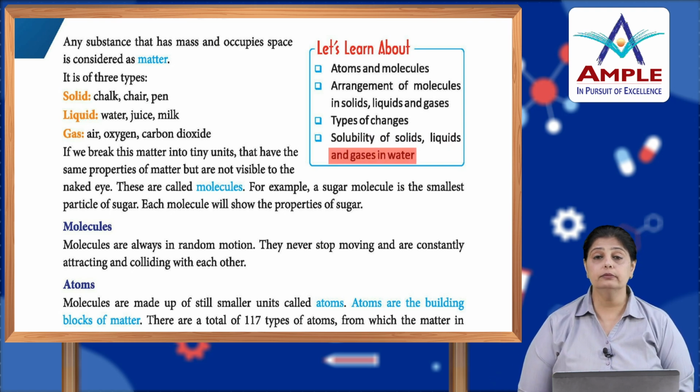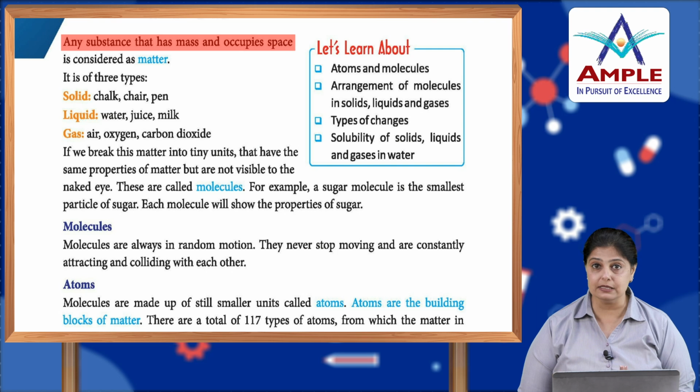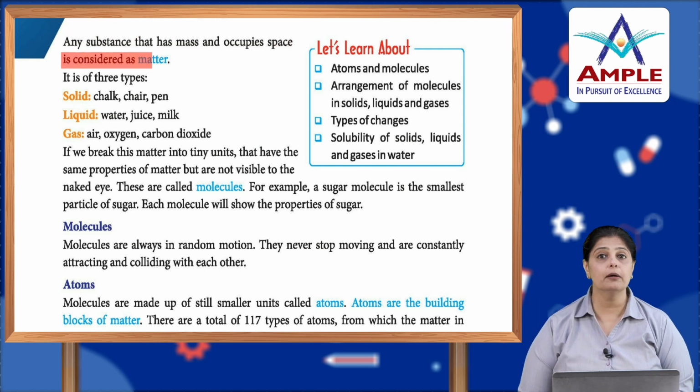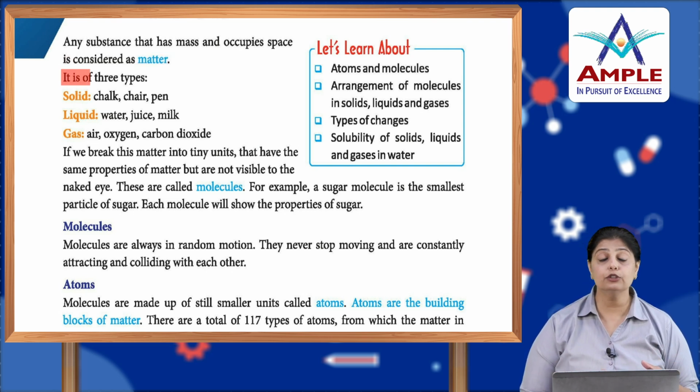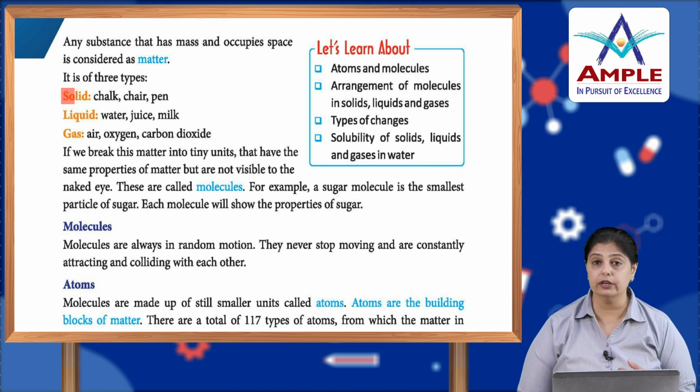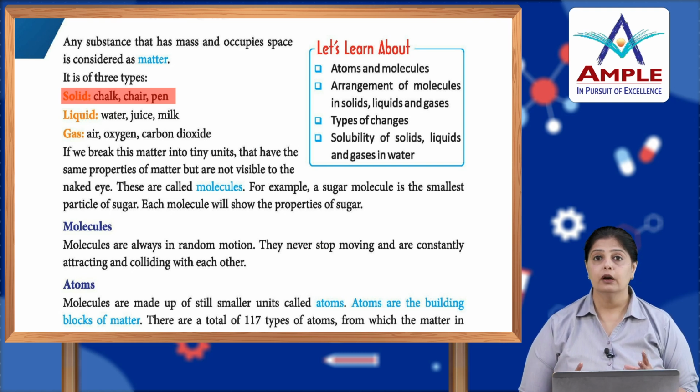So, we all know that any substance that has mass and occupies space is known as matter. Matter comes in three types. One is the solid, like chalk, chair, pencil, a table.